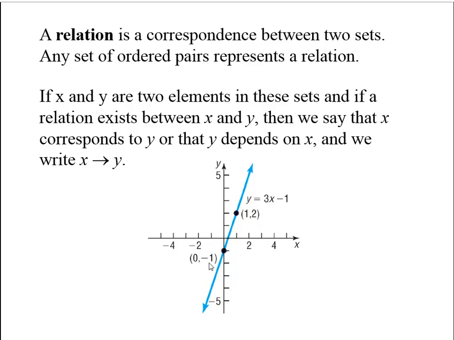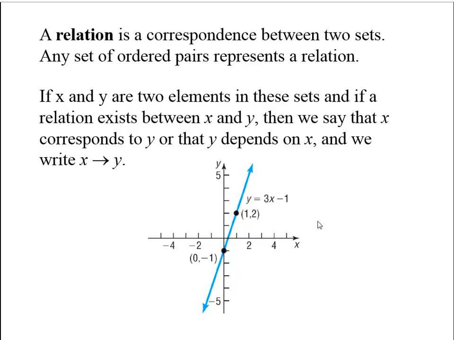Here x is 0, y is -1. And this equation, y = 3x - 1, describes the relation between all of the points on this line. So in general, a relation is any set of ordered pairs. And in just a moment, we're going to talk about when that relation can be described as a function.